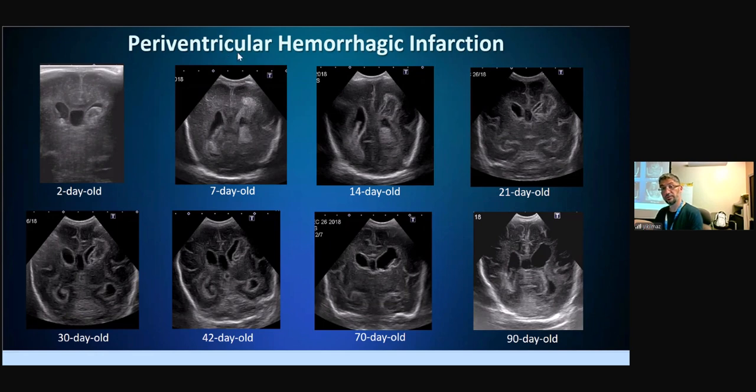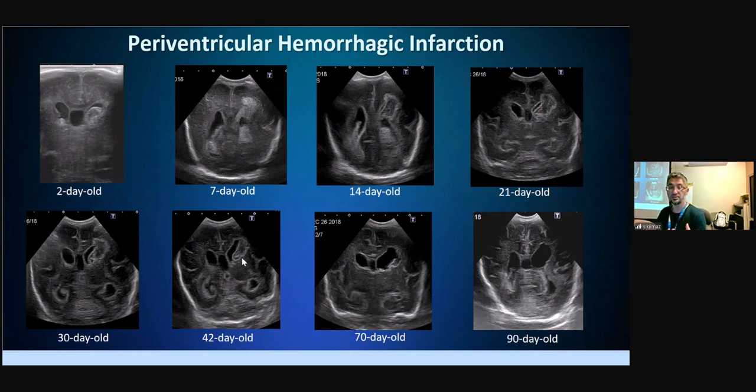The grade 4 or periventricular hemorrhagic infarction can be unilateral or bilateral, but most commonly in the parietal lobes, posteriorly, not at the caudothalamic groove. And initially, they are hyperechoic because it's an infarction. That infarction then evolves and becomes more hypoechoic.